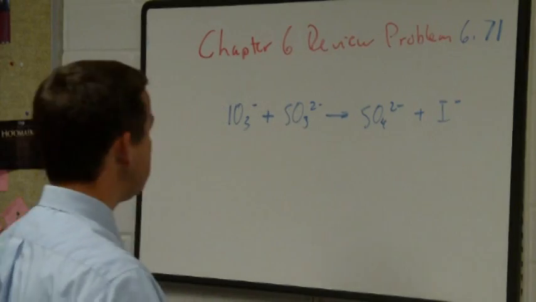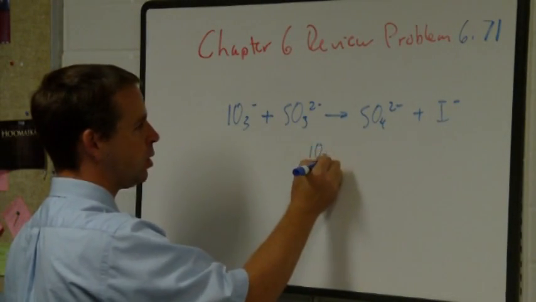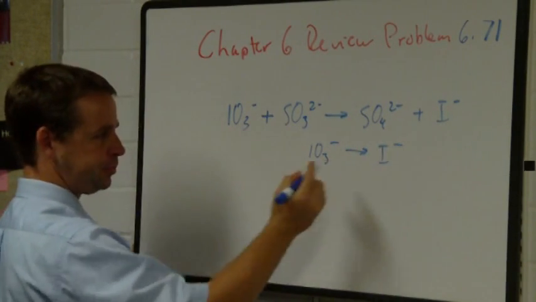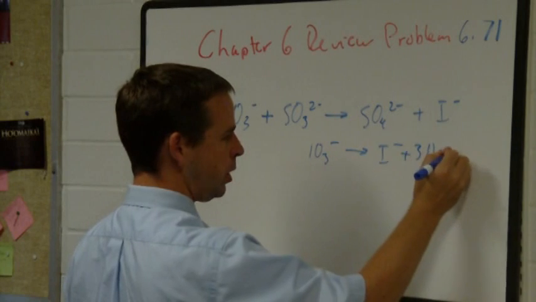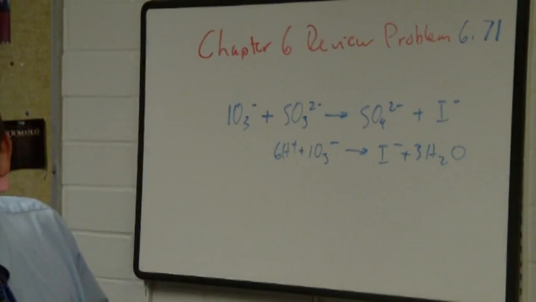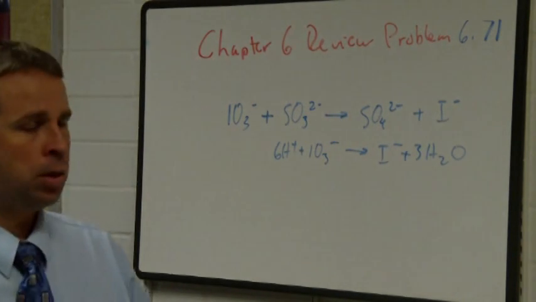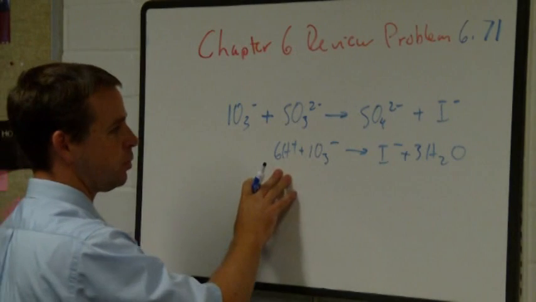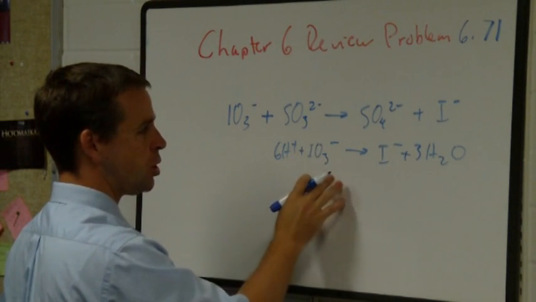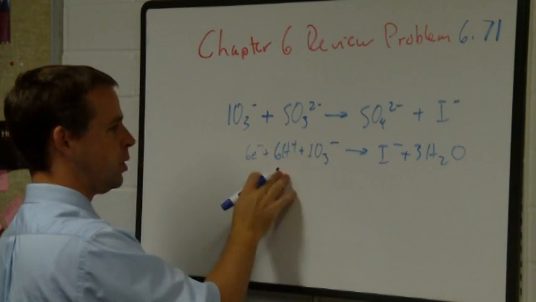So we need to balance this chemical equation, and we're going to do that using the ion electron method here. We need 3 waters over here, 6 protons over here. Charges, we have 1 minus here, so we're going to need 6 electrons to the left as well.